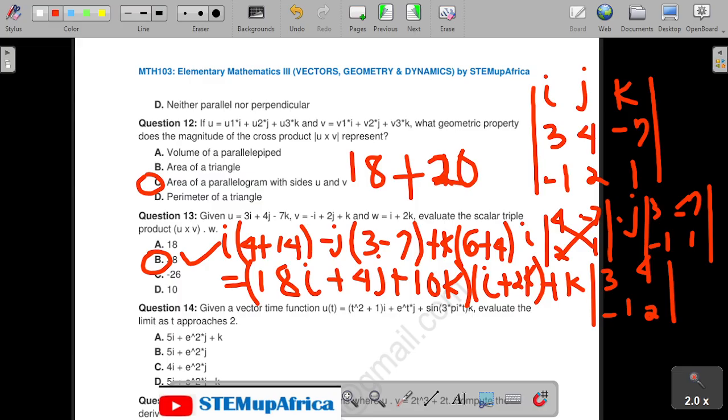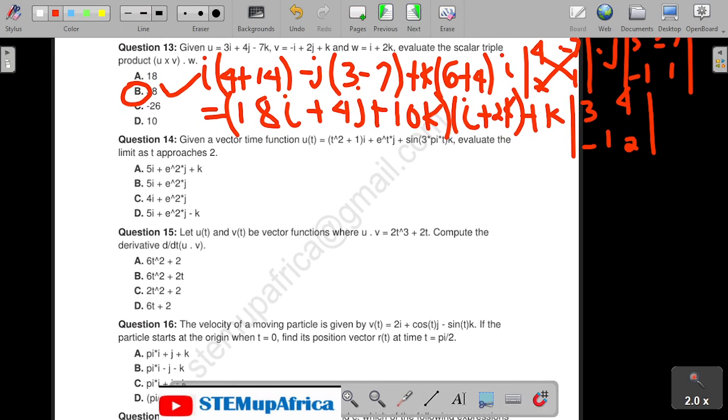So let's look at question 14. Given the vector function u as a function of t, we have this to evaluate as t tends to 0. So this falls under limit.